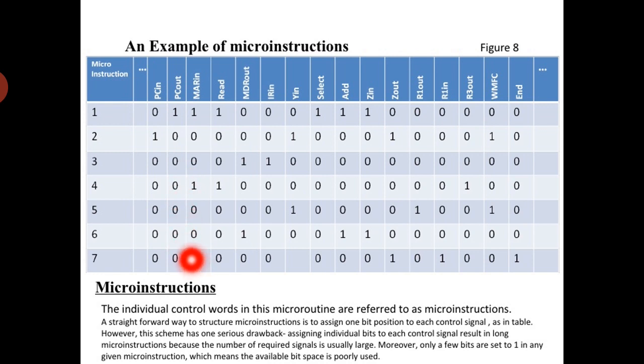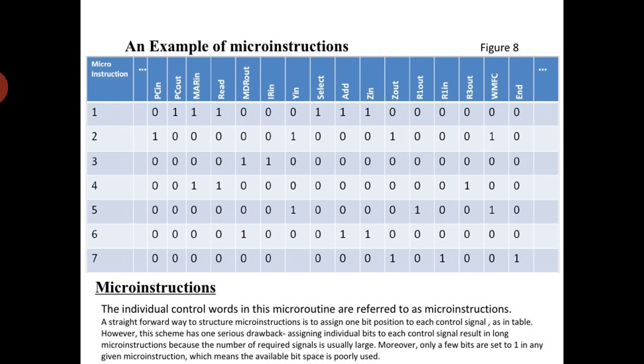Now by using a microprogrammed control unit, we are going to generate these code words. From these code words, the processor will activate the corresponding control signals.